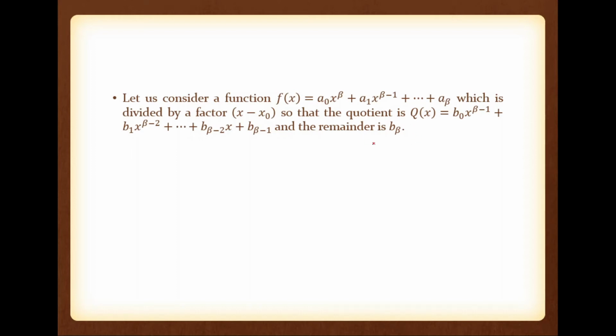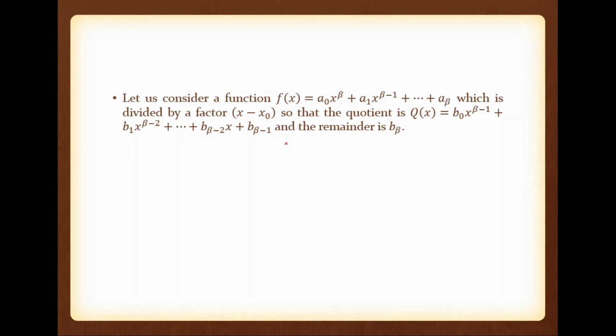So this is the quotient with a power of beta minus 1, because we are dividing a function f of x with the power beta by x minus x0. So this is the quotient polynomial and this is the remainder. This remainder b beta is nothing but f of x0.